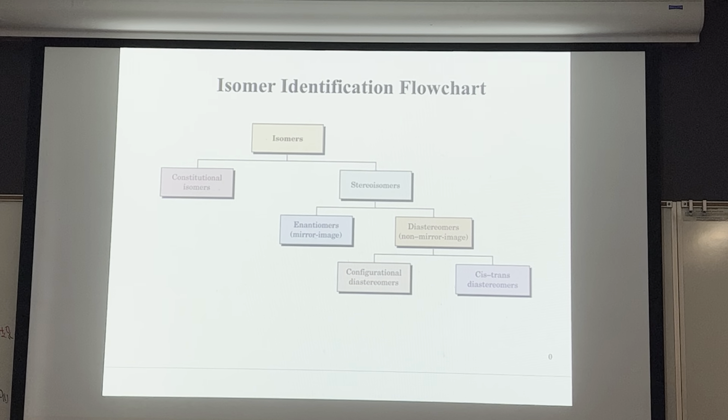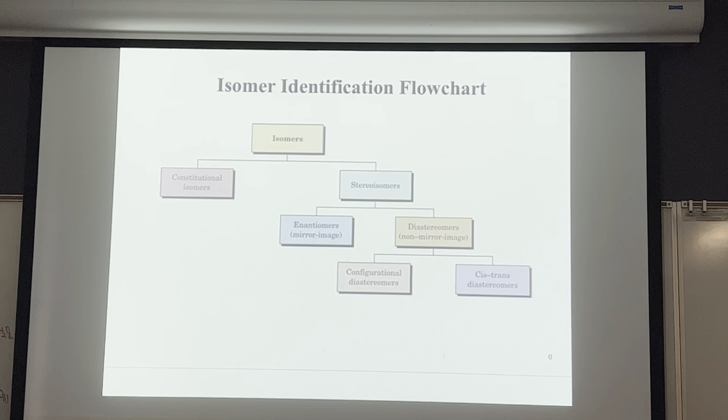Okay, so I just want to go over the isomer flowchart one more time for us. The one that we had at the beginning of the chapter looked a little bit different, but it's saying the same thing. So what we are doing in lab is we're saying, here's a couple of molecules. Are they unrelated, so they have different molecular formulas? Are they exactly the same, or are they isomers? And if they're isomers, they will have the same molecular formula.